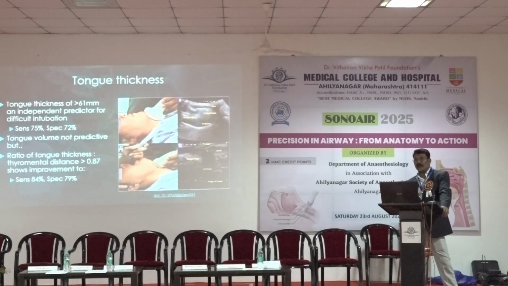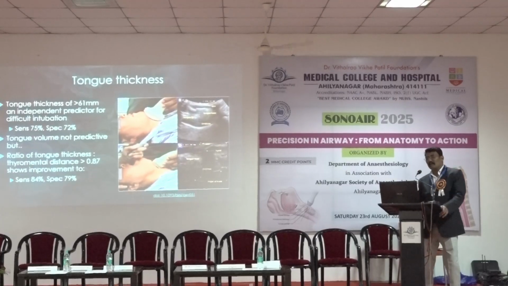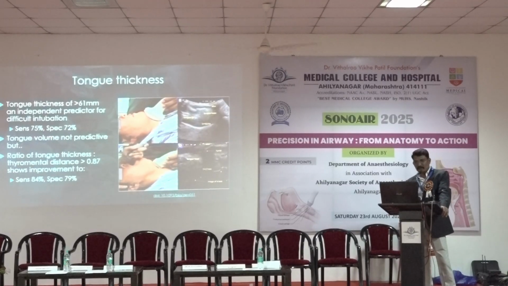But if we are able to identify the difficult mask ventilation itself, then we will be far ahead of the others. The thickness of the tongue is to be measured by placing the probe in a slightly extended neck, as shown in the figure, and identifying the space.